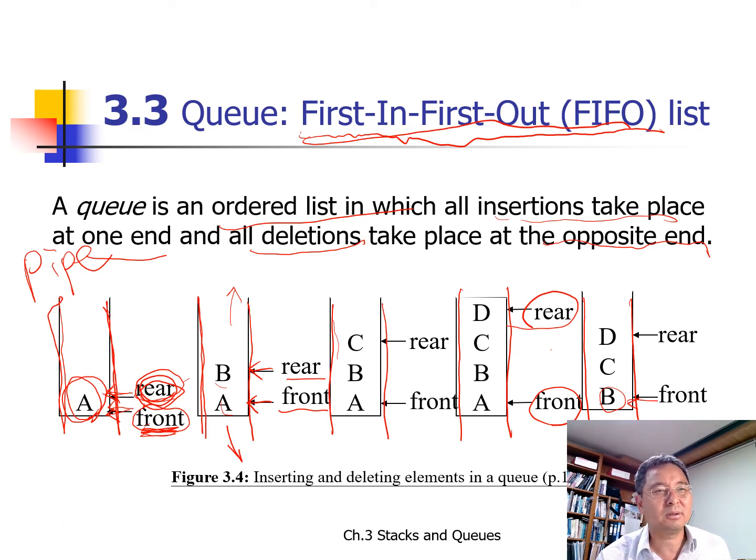So for example, you can store 1,000 data, 1 million data. Any data can be stored in this queue. We can call it a queue if the insertion happens at the rear and deletion happens at the front. That is a queue.